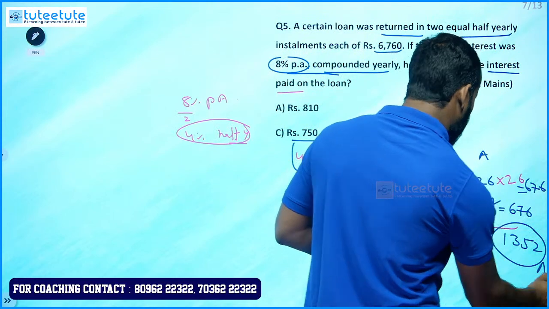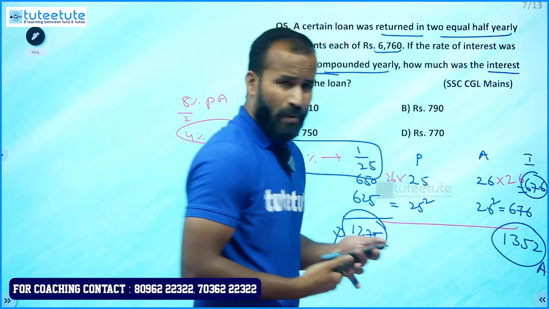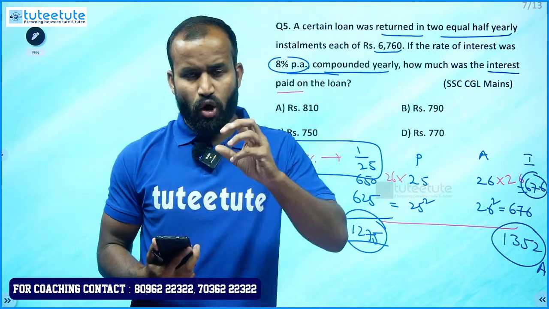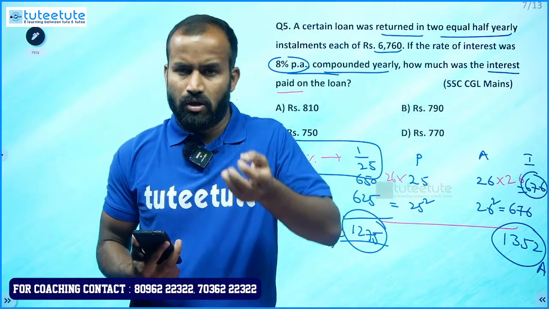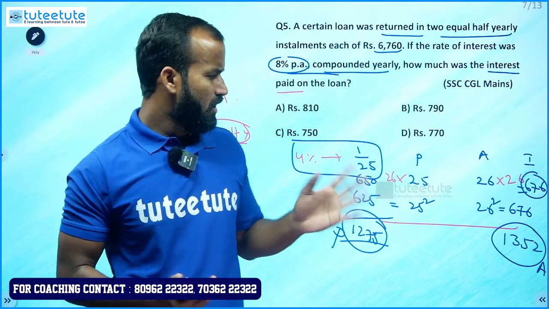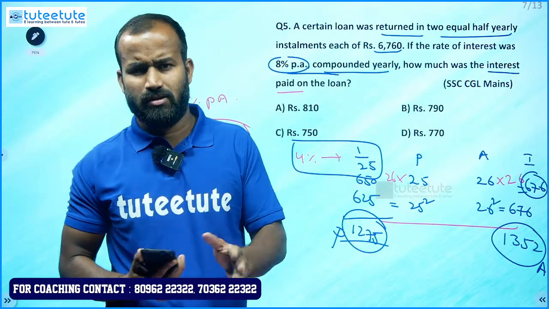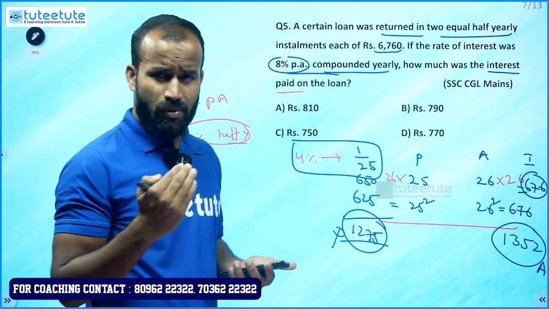So this will be amount, this will be principal, this will be installment. Many questions we solved. If you observe carefully, you can adapt this method. Same method for all problems. You have to understand just a concept. So what is he asking in this problem?